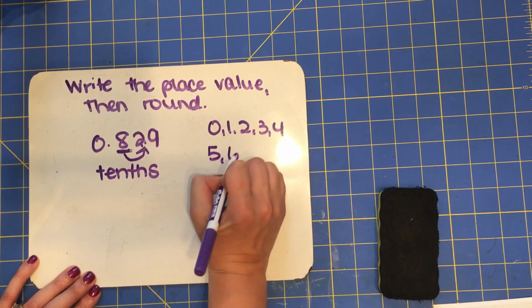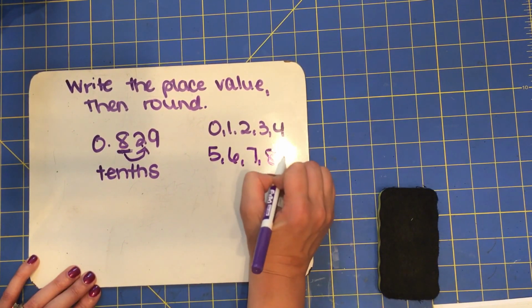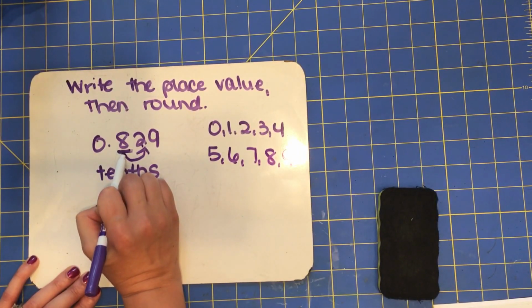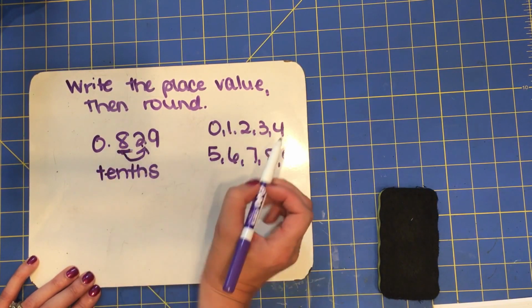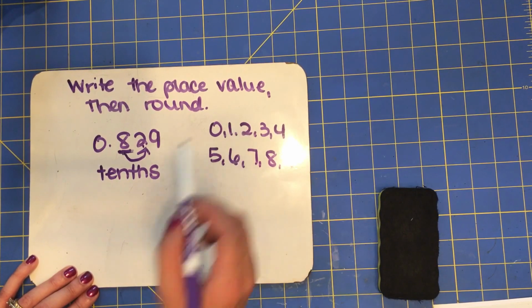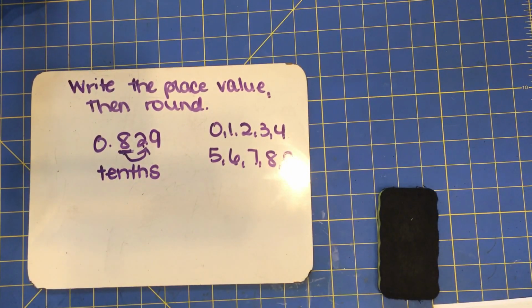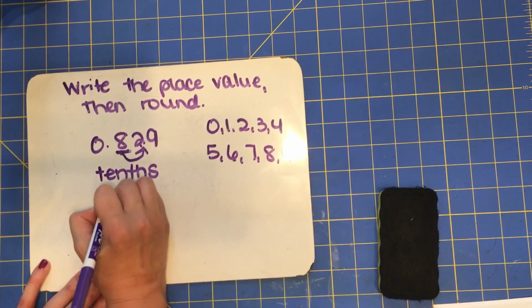If it's 5, 6, 7, 8, or 9, I take this underlined digit and bump it up 1. So it's either going to be an 8 or it's going to be a 9. Well, in this case, my number is 2. So in this instance, I'm going to leave my 8 alone.